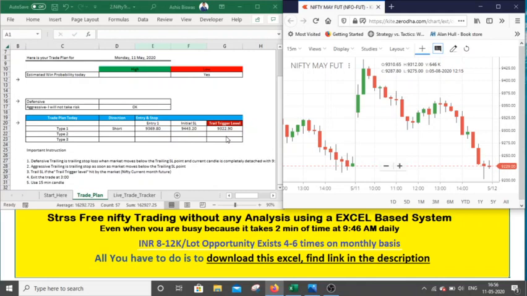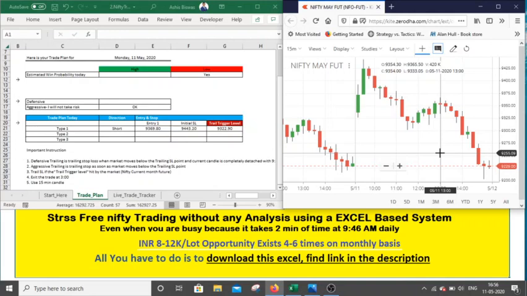Once you trail your stop loss to the entry level, you have to hold the trade till 3 p.m. A defensive trader can trail their stop loss at the entry level. If you are a bit aggressive and trading for the long term, then you may not trail.